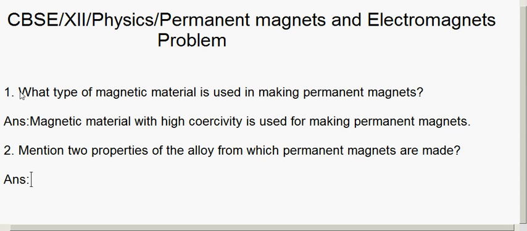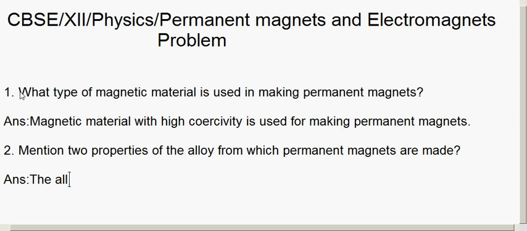Same as the previous question. The alloy should be ferromagnetic type with high coercivity and also high permeability. So that is why I am telling it should be a ferromagnetic material.